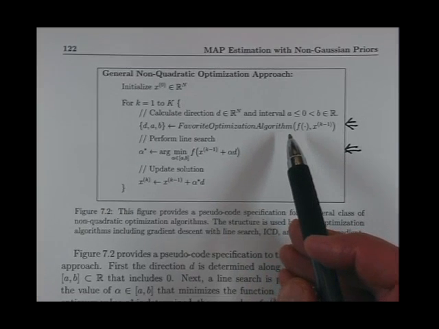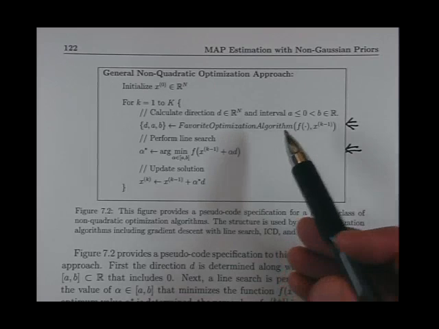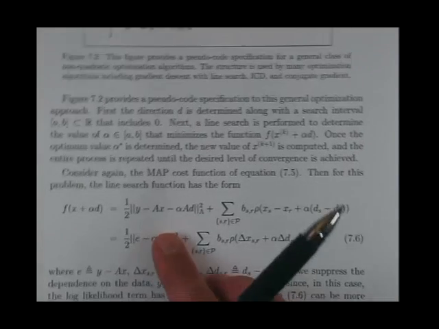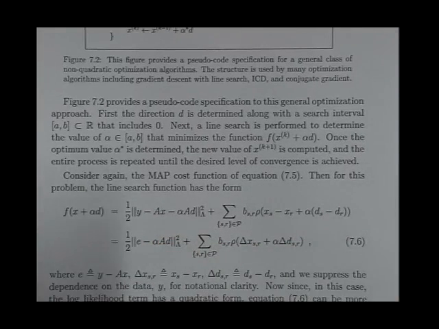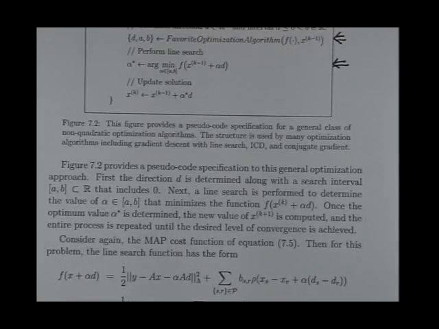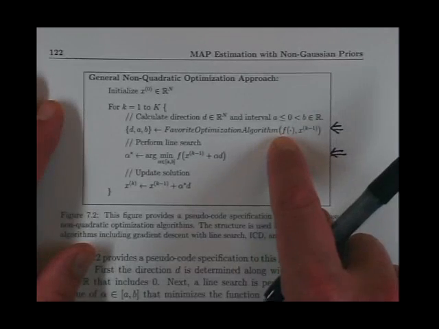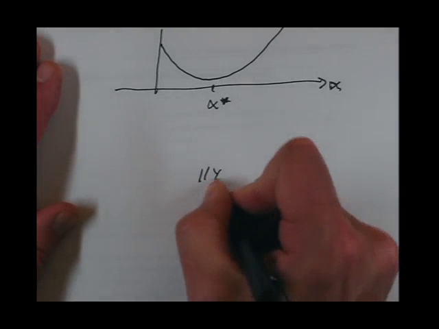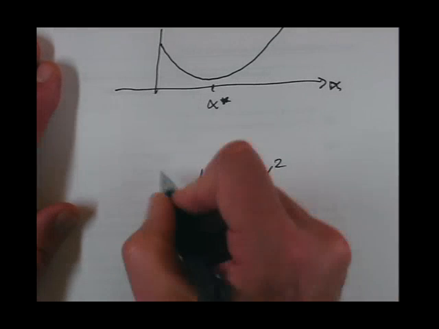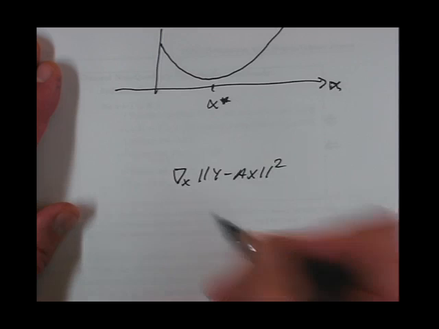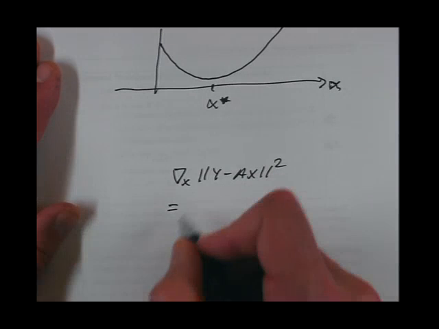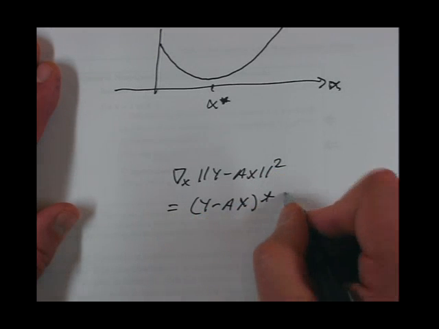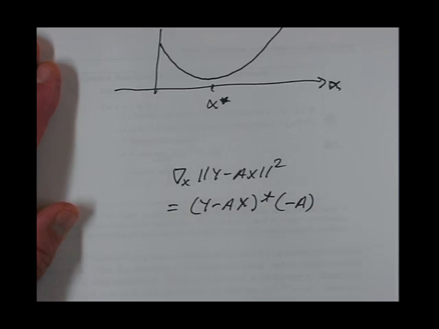it's basically like, okay, so this is the cost function right here. Then the gradient, I should just calculate the gradient. Okay, so if you have an expression like y minus ax norm squared, the gradient of that with respect to x is going to be equal to y minus ax transpose times minus a, right?